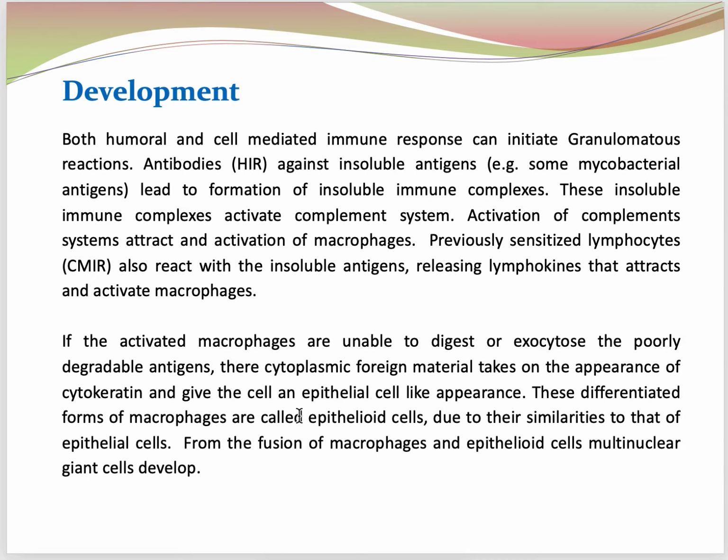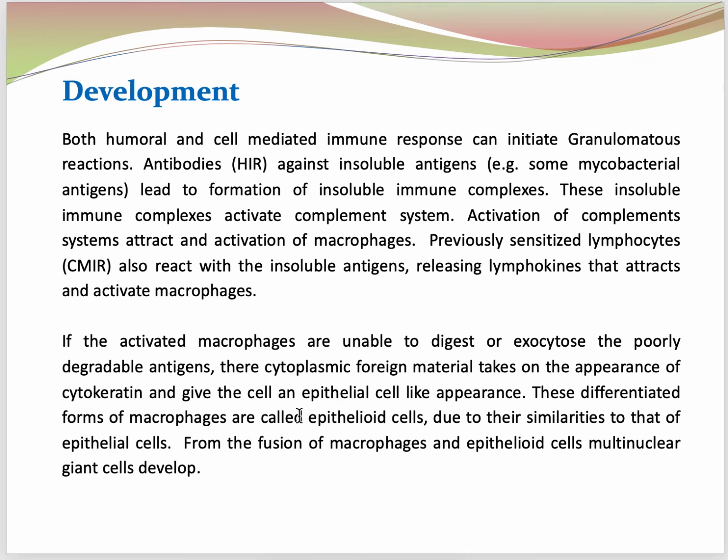By digesting them, by exocytosis. However, if these activated macrophages fail to exocytose or digest these poorly degradable antigens, then they can just accumulate and surround that insoluble antigen, and the cell becomes epithelioid.